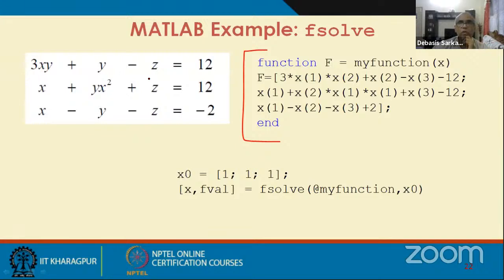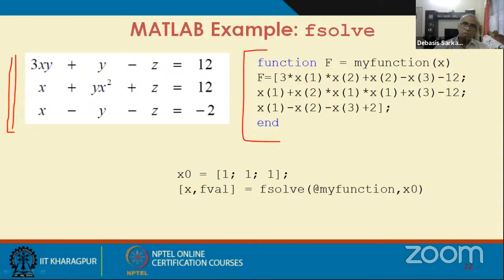Okay, to show you how to make use of the MATLAB command fsolve to solve a set of nonlinear simultaneous algebraic equations, here is a simple example. So I have, let's say, these simultaneous equations: 3 variables, 3 nonlinear equations.